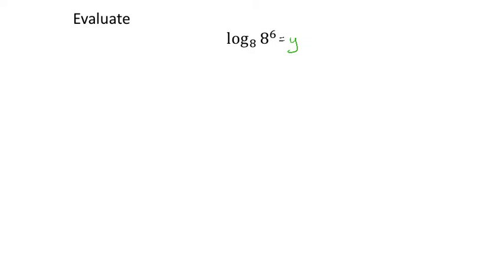And so I'm going to take my base 8. I'm going to make it base 8 to the power of, that's what the log equals, 8 to the power of y. And then this would equal, in the logarithm, what it is of, the product. Now this is showing 8 to the power of 6, so I get 8 to the power of 6. What you notice right here is that the two bases are the same.